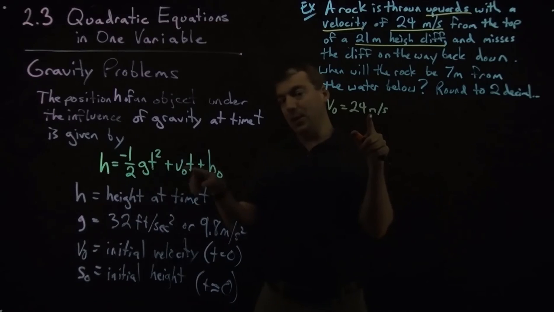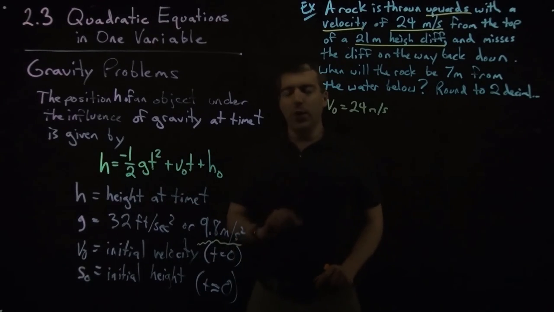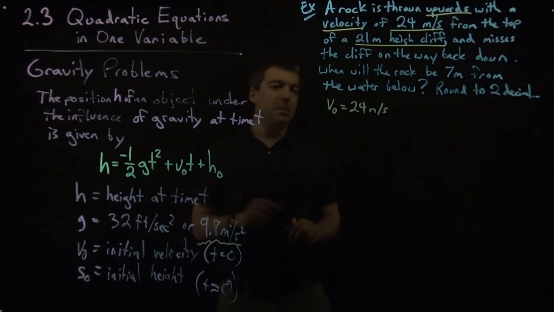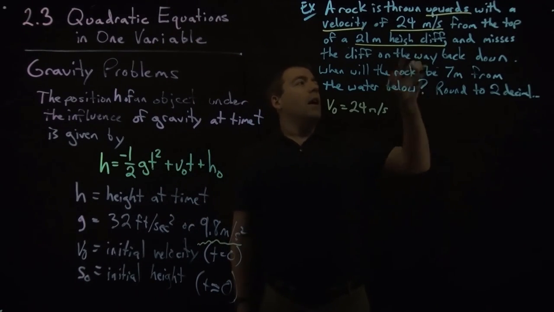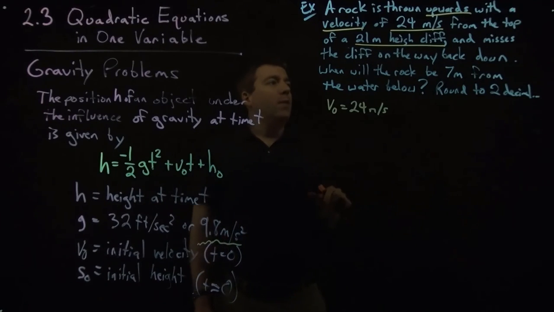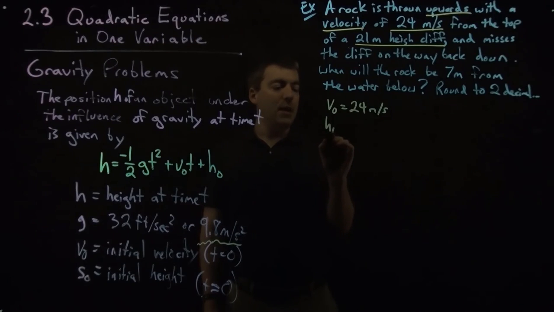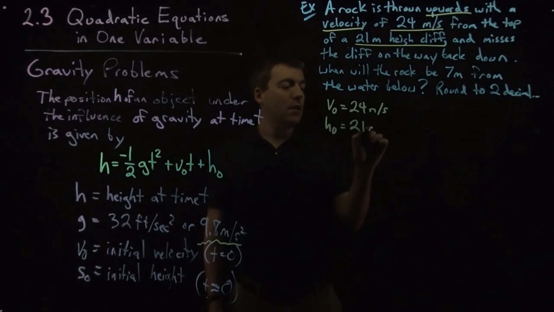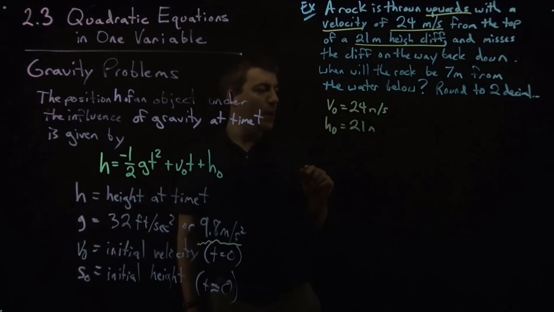So when we set up this equation, we're going to want to make sure that we use this 9.8 meters per second squared for G. All right. So this is thrown from the top of a 21 meter high cliff. That's going to be H naught. And it misses the cliff on the way back down.